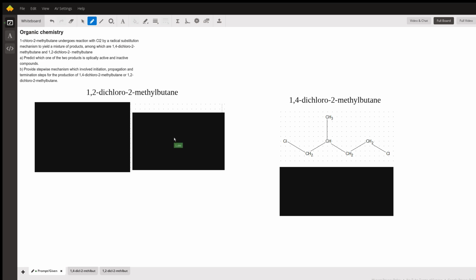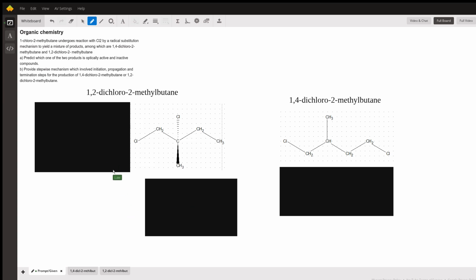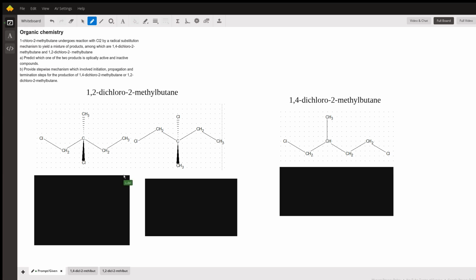1,2-dichloro-2-methylbutane has some other funky business going on with it. In that, since the chlorine and the methyl are sharing that second carbon group, technically, I believe the term is stereoisomers. I could be wrong.